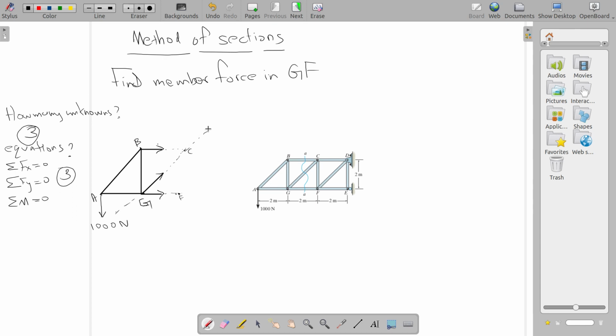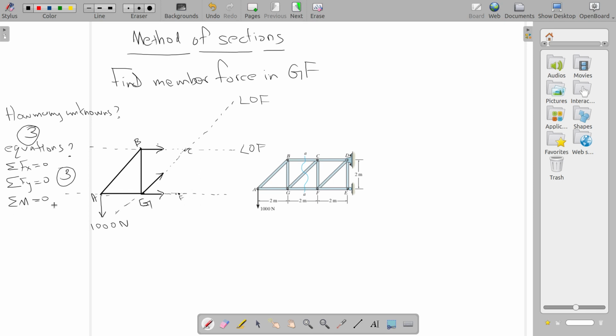This is the line of action of GC. It's an infinite line. This is the line of action of BC, this is the line of action of GC, and this is the line of action of GF. So these are the 3 lines of action of unknown forces.